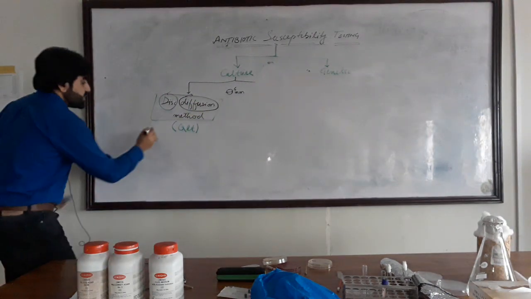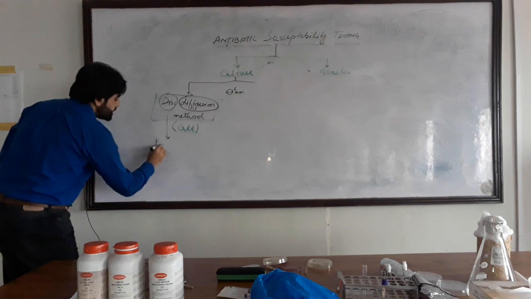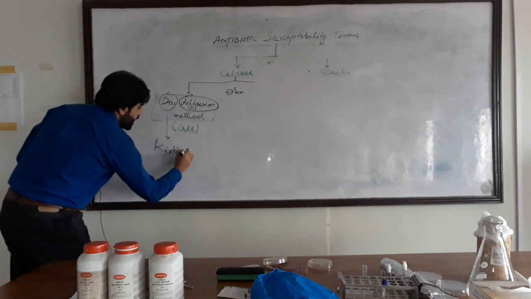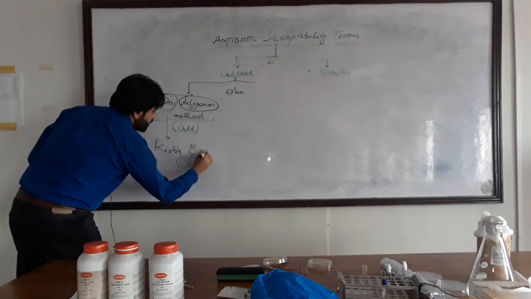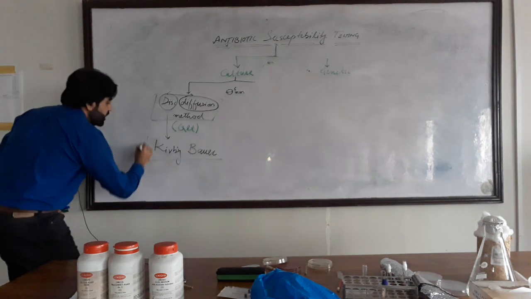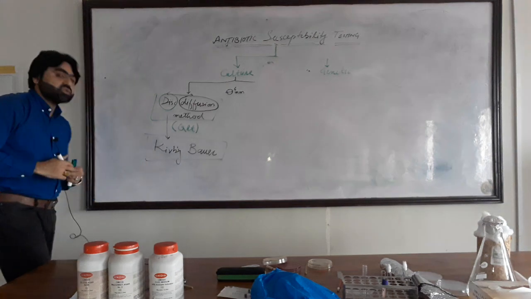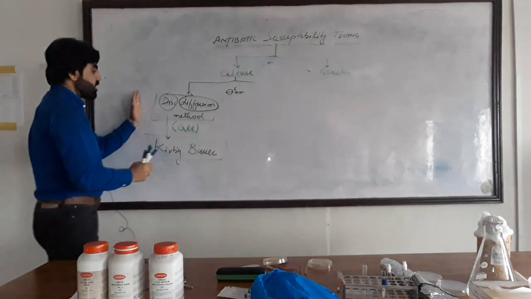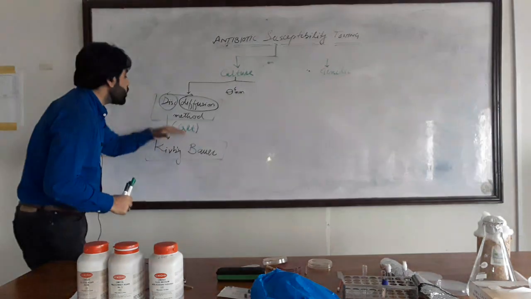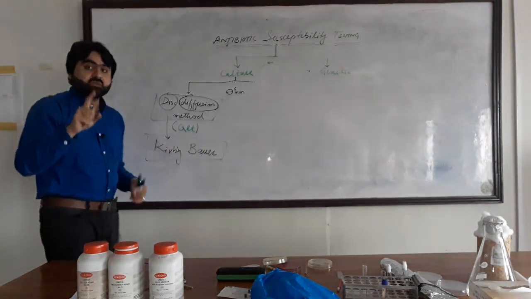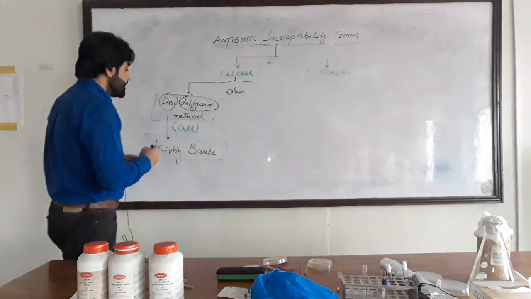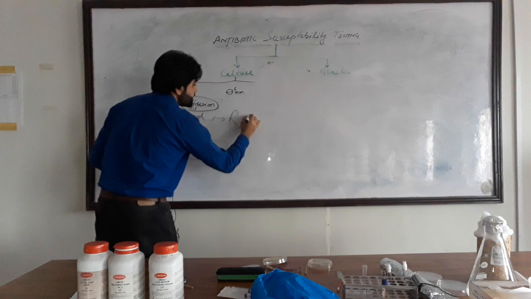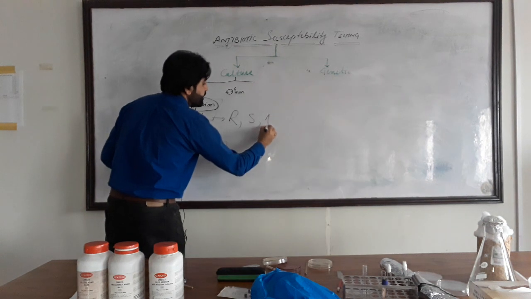This method was developed by two scientists, Kirby and Bauer. Therefore, this method is also known as the Kirby-Bauer method. The Kirby-Bauer or disc diffusion method is a qualitative method because it only tells you whether the pathogen is resistant, sensitive, or intermediate.